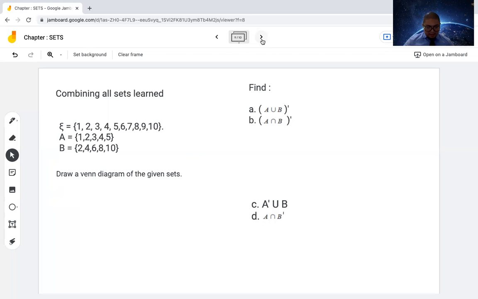As soon as you see that, you can automatically make a box to express that you have this universal set. Now, when you answer this one, you have to make sure that the given sets show you the elements and find out if there are common elements between the two given sets.